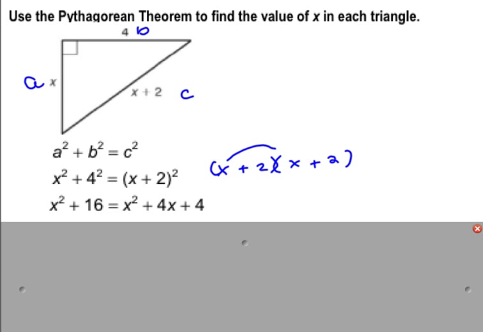So x times x is x squared. x times 2 is 2x. 2 times x is 2x. So there's where we get our 4x. We add those together. And then 2 times 2 equals 4.